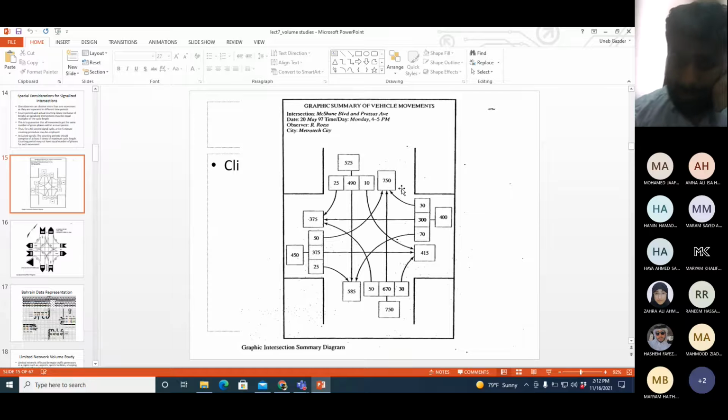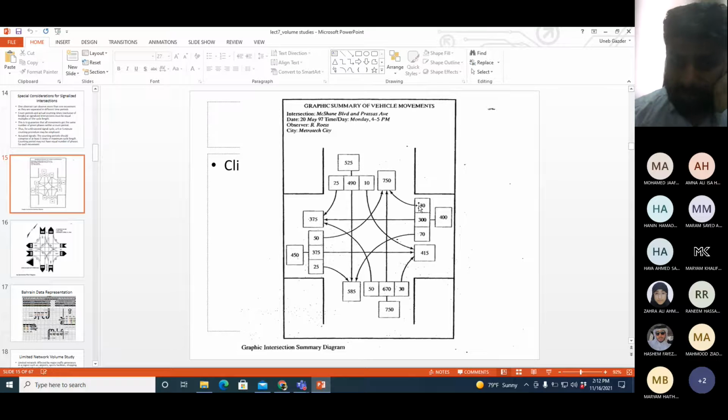In the sketch, you see the boxes, and these boxes are showing the number of vehicles for each direction and for each movement. Okay, so for example, 750 is the number of vehicles coming here. 400 number of vehicles coming from this side, and out of this 430 are taking the right turn.